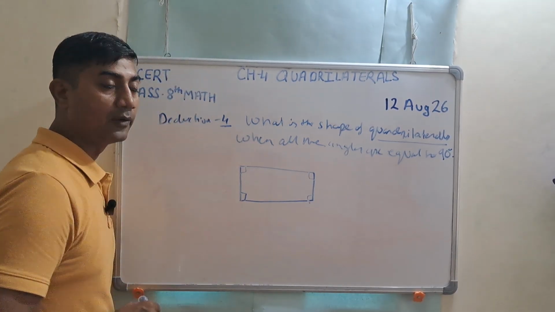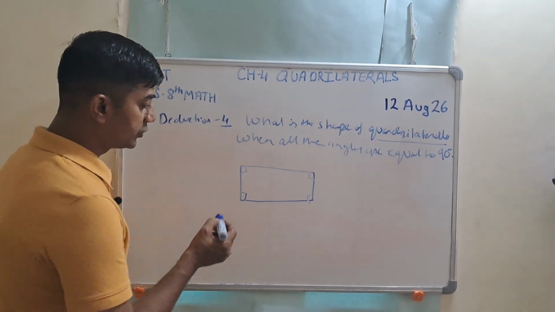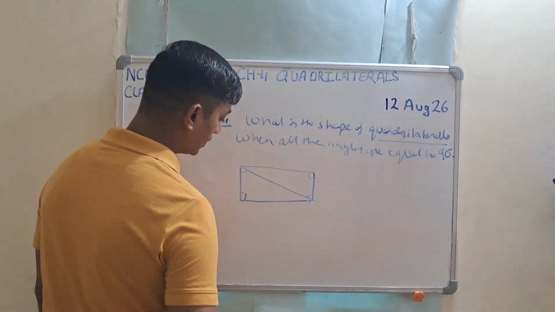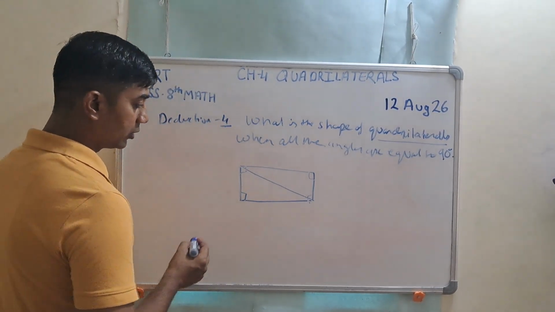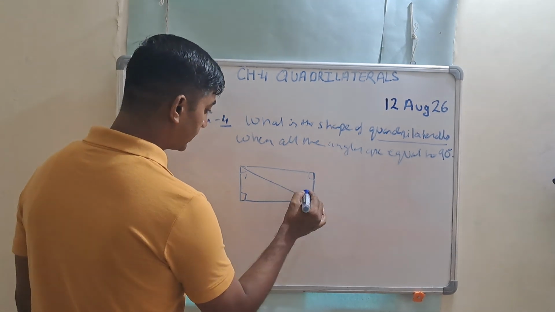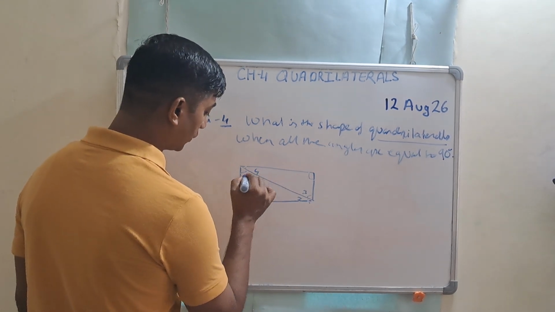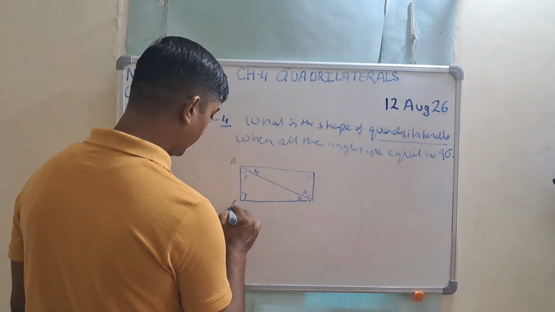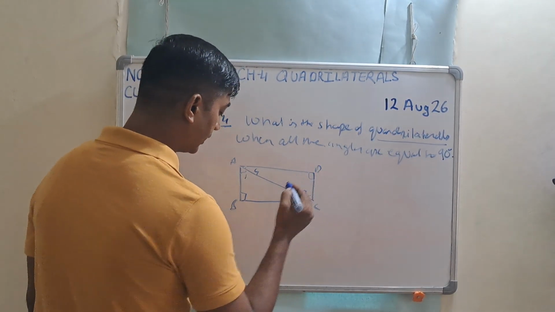Understood? This is given to us. Now simply join. Now say this angle is 1, this angle is 2, this angle is 3, this angle is 4, and let's name it A, B, C, D.